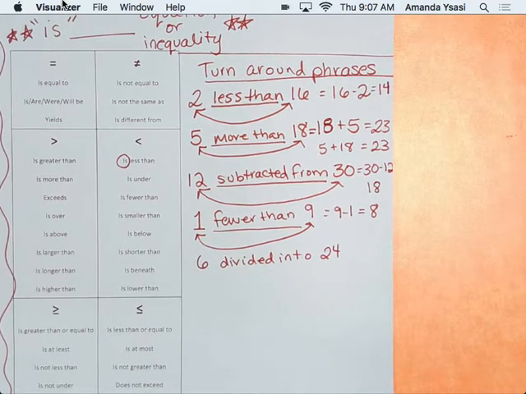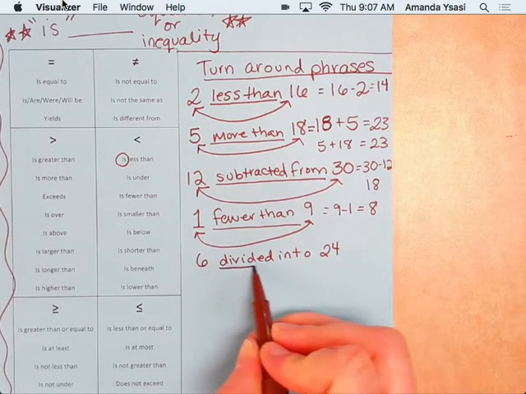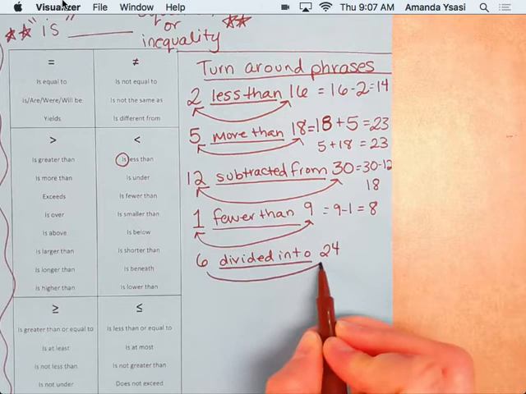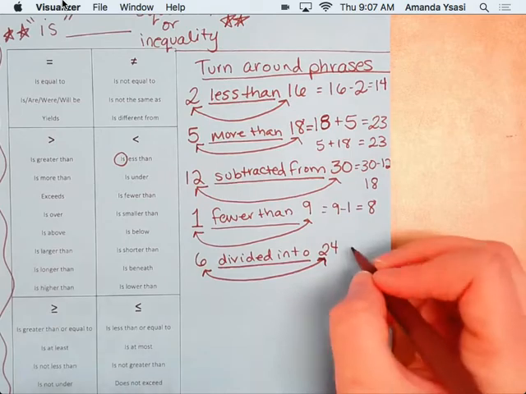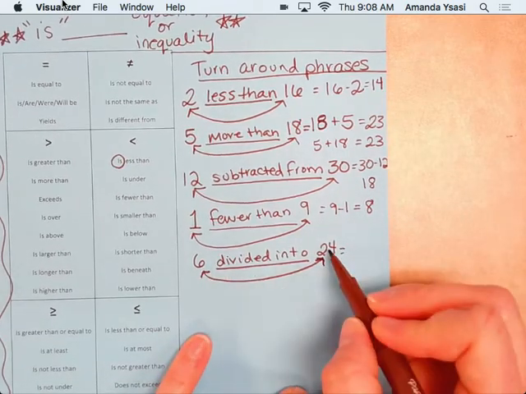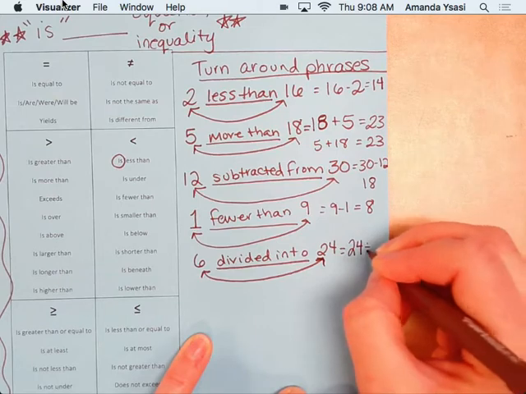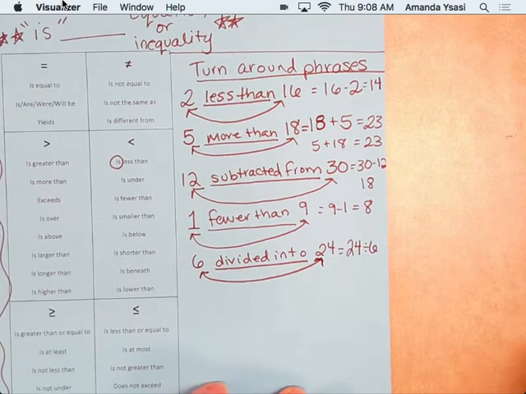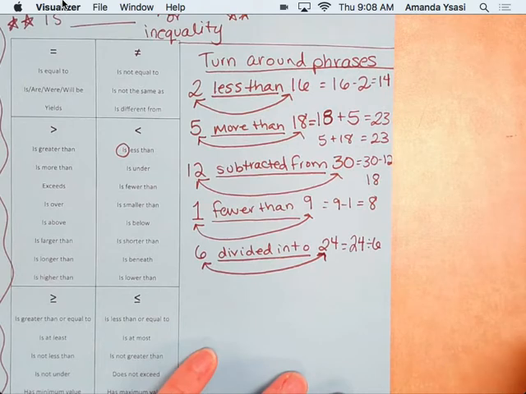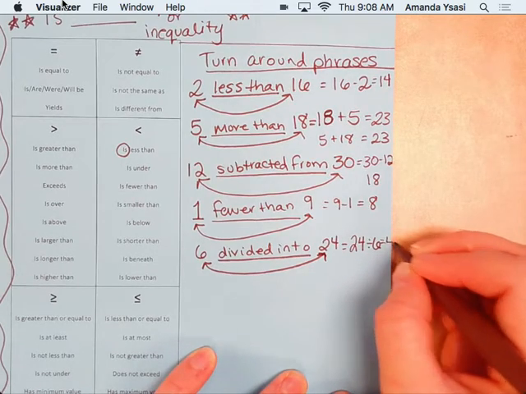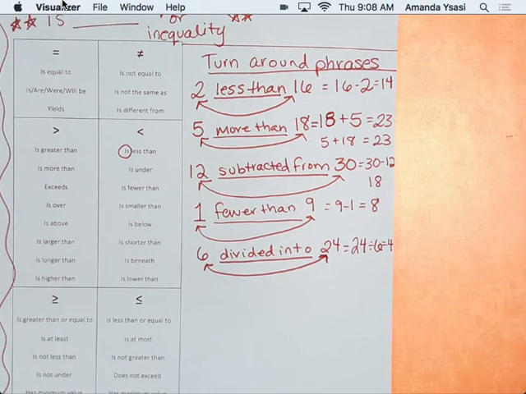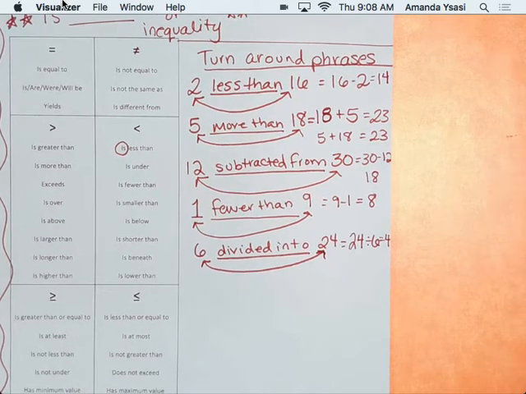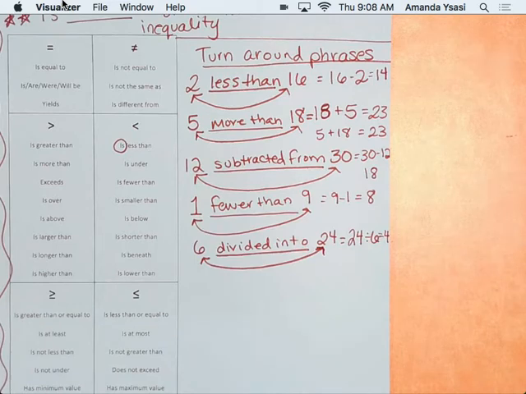Six divided into 24. So divided into is a turnaround word. You're dividing 6 into 24, meaning you're going to do 24 divided by 6. Which equals 4.